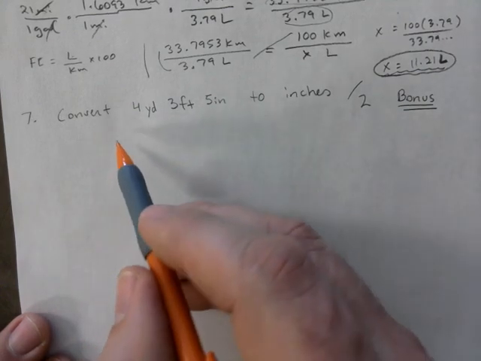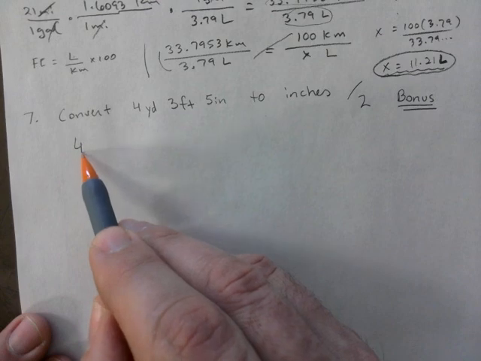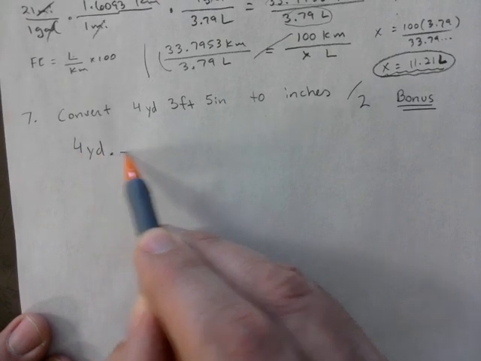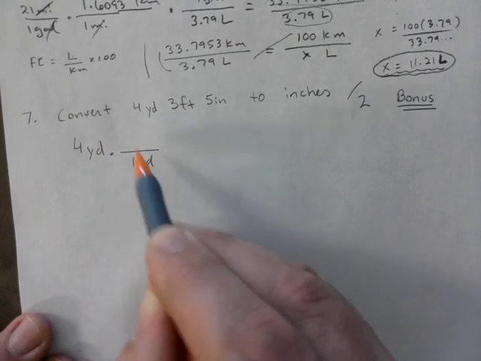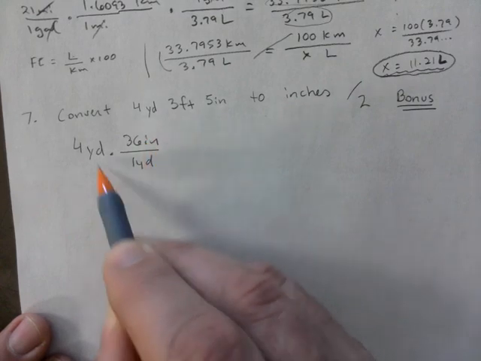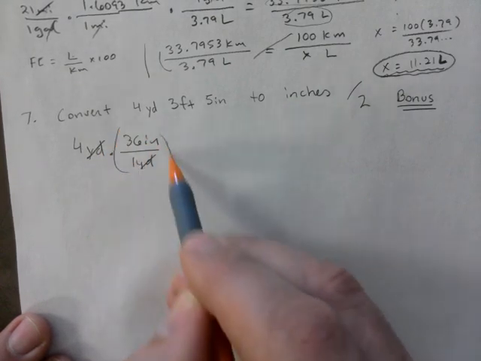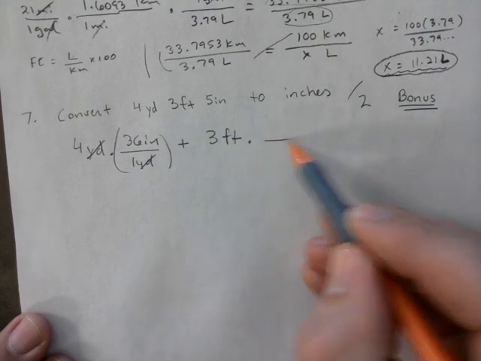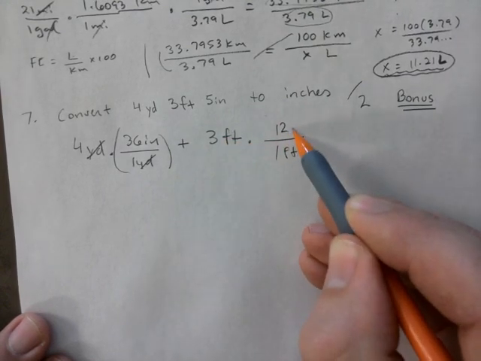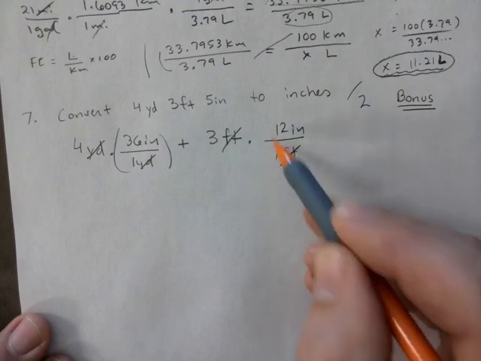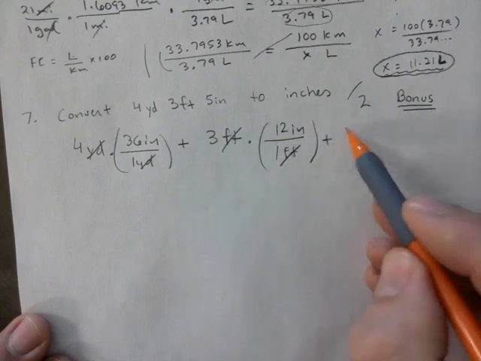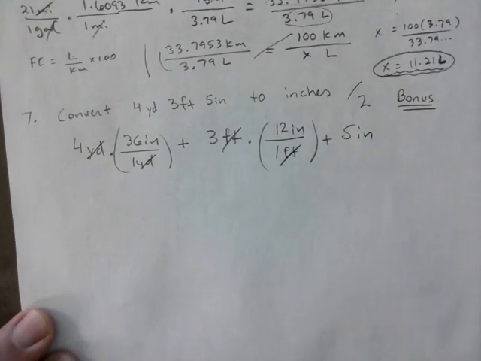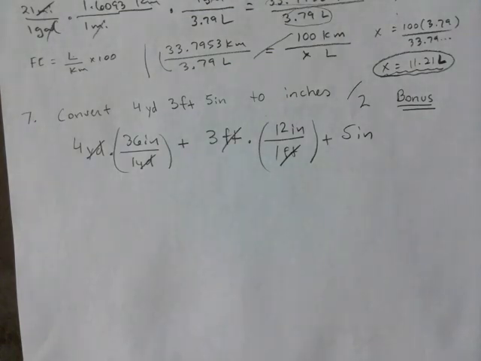Next, yards, feet, and inches into inches. This is how I will show it. 4 yards, I know that 1 yard has 36 inches. Cancel, cancel. Plus the 3 feet, I know that 1 foot has 12 inches. Cancel, cancel. Plus the 5 inches do not need to be converted because that's already in inches.